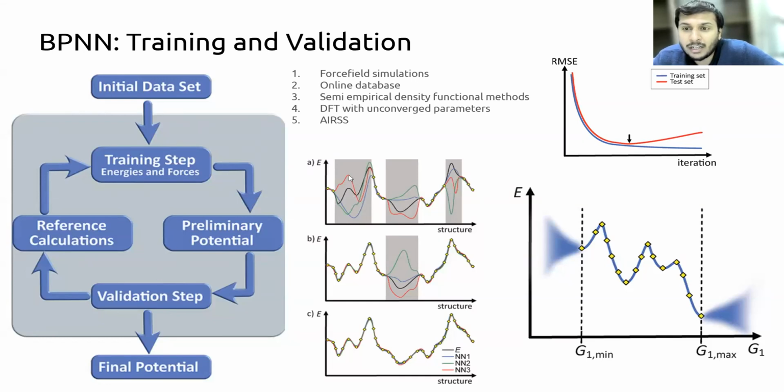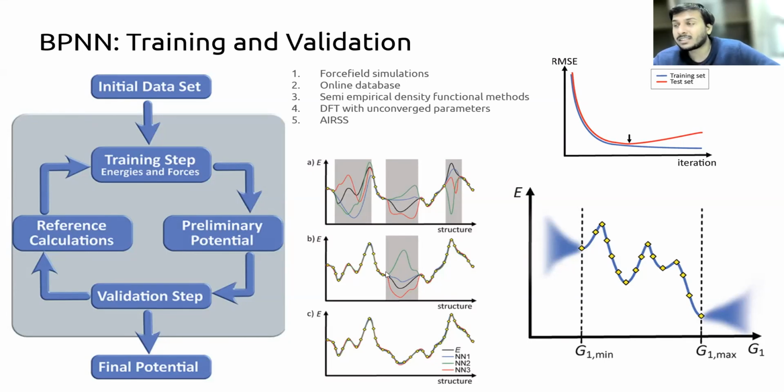So basically, you perform your validation, you see that all the models disagree very much for this configuration, then you perform a reference calculation for that configuration. Next, you will see that for that training point the errors of your model will be small, but for certain other points the errors will still be large. That's your cue that you should probably add those to your training set.